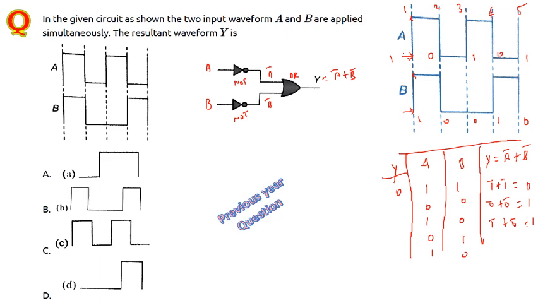Fourth is 0 bar plus 1 bar. 0 bar is 1, 1 bar is 0, 1 plus 0 is 1. Again, 1 bar and 0 bar, the answer is 1. So the answer in this case is 0, 1, 1, 1, 1.